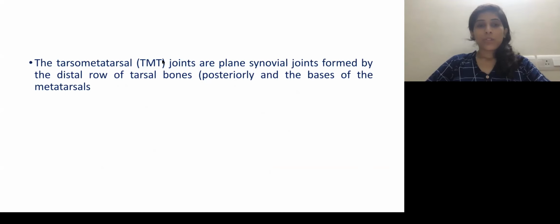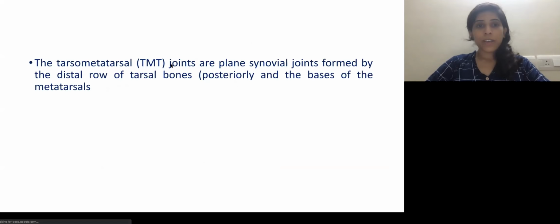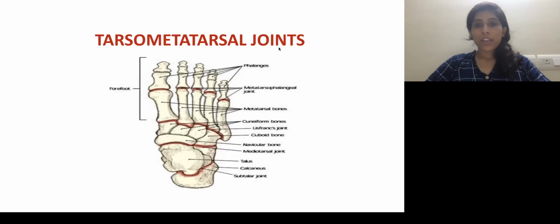Here we can see the distal row of the tarsal bones, and these are the metatarsals. Again here you can see the tarsometatarsal joint.